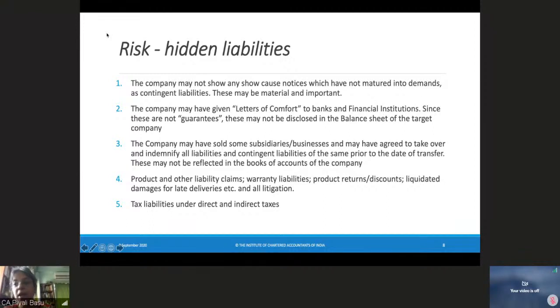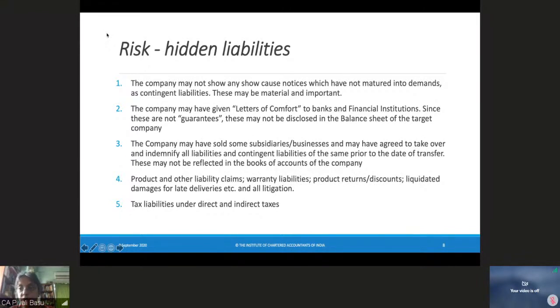Say for 100 products, 5 are always faulty, and over a period of time, on average 5 to 10 products are faulty and have to be replaced because of the warranty clause. So the cost of those 5 or 10 products needs to be provided for. Otherwise the expenditure is not shown correctly, and the profit for the year is not fairly stated. So we need to keep this in mind.